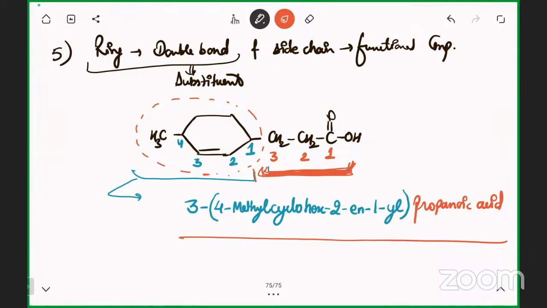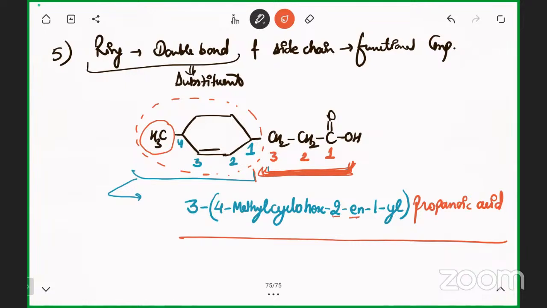In the side chain, what do we have to do? We have to start the numbering from the carbon of the main chain. So 1, 2, 3, 4. On the 4th position, we are having the methyl group. So 4-methyl. While on the 2nd position, we have a double bond. Since it is cyclic, we'll use cyclo. 6 carbon, we'll use hex. On the 2nd position, it was a double bond, so I have used 2-ene.